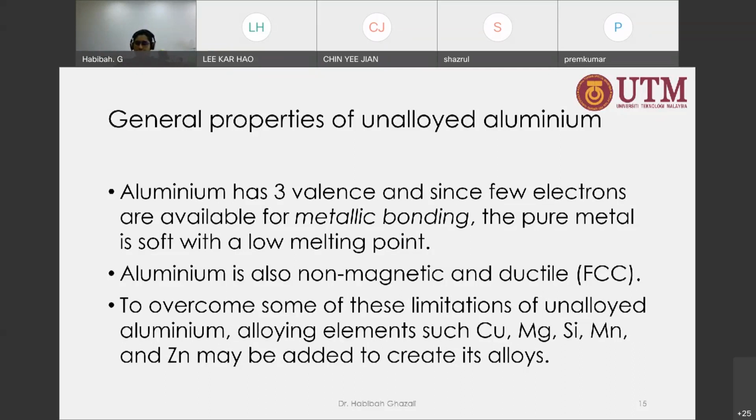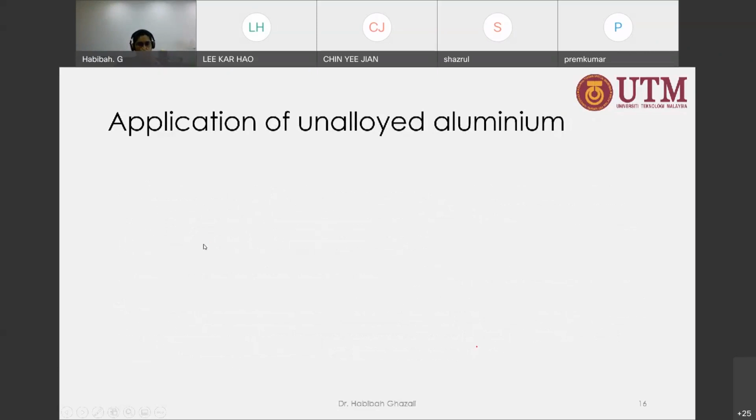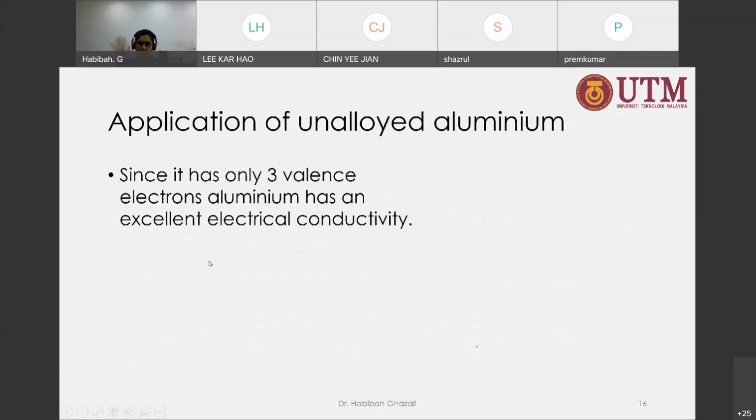We can add copper, as you saw just then, to improve its strength and hardness. We can also add magnesium, silicon, manganese and zinc, and it will create an alloy with different properties.